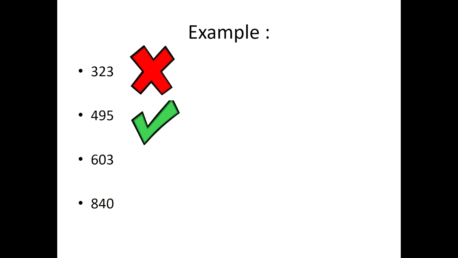Next we have 603. Let's add 6 plus 3, and this is a really quick one. 6 plus 3 equals 9, and 9 is a multiple of 3. And just saying, in divisibility, you have to remember your multiplications very well so you can answer these questions.